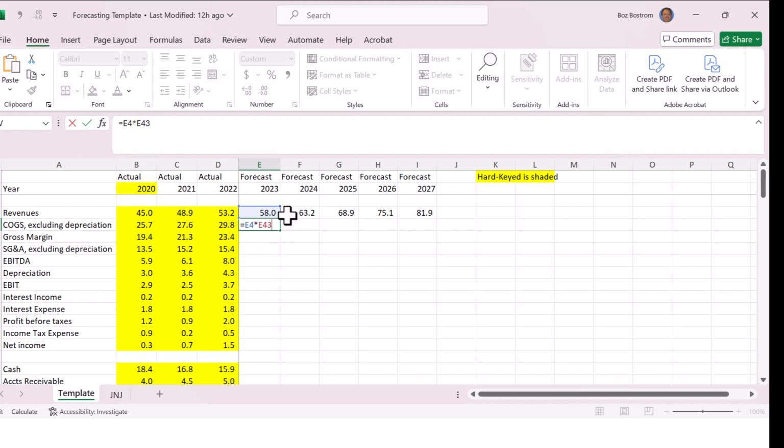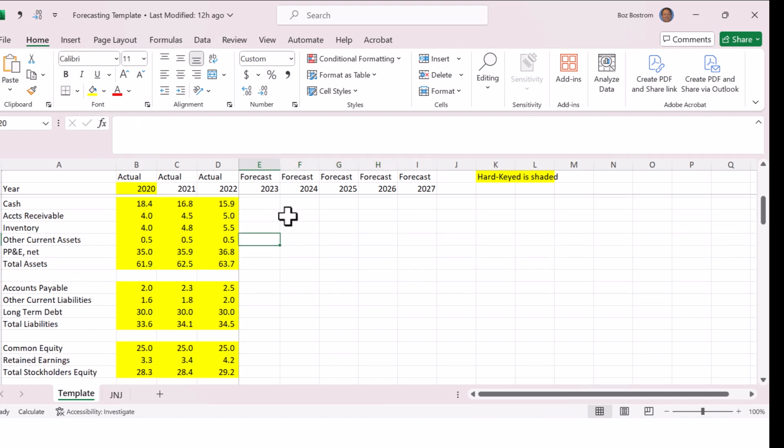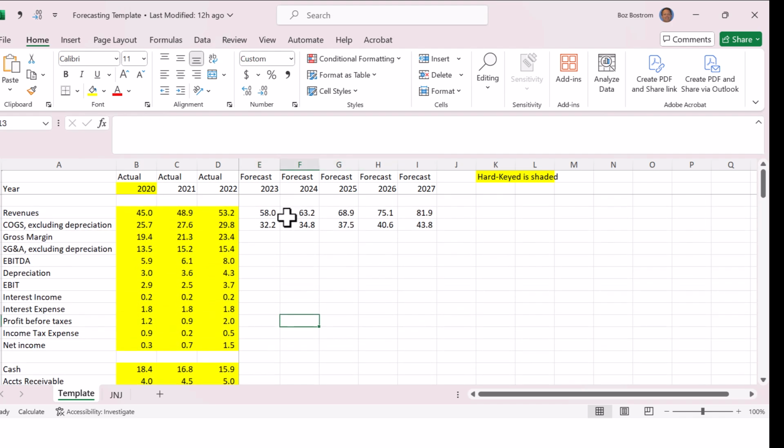Remember back to the PowerPoint slides, we forecasted based on a percentage. And now I can highlight this range right here and do a Control R. So what it's doing is it's taking this declining cost of goods sold percentage and multiplying it by an increase in revenues. That's what's going on right there.